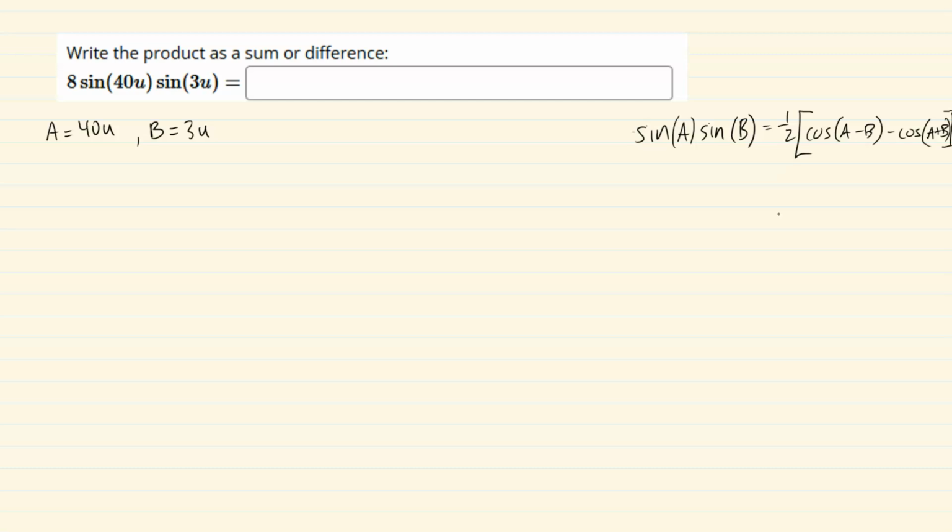So that tells us that sine of 40u times sine of 3u is equal to, using that identity, 1/2 cosine of 40u, because it's A, minus 3u, minus cosine of 40u plus 3u.